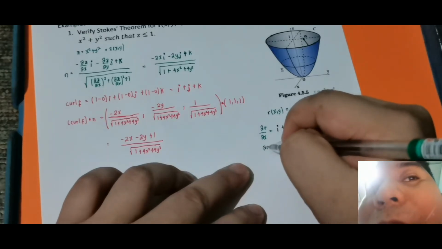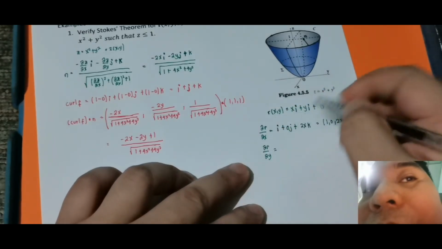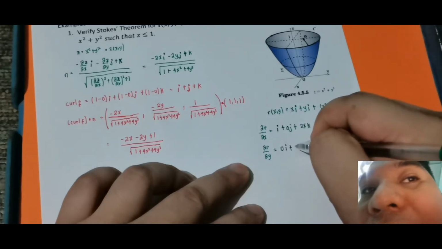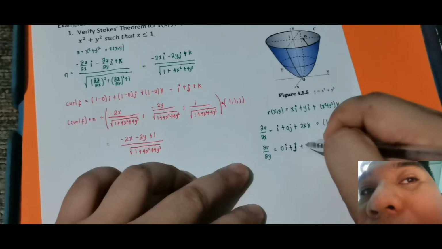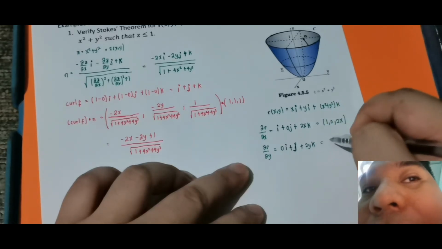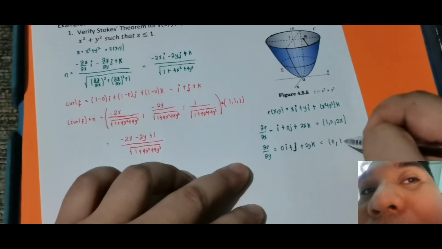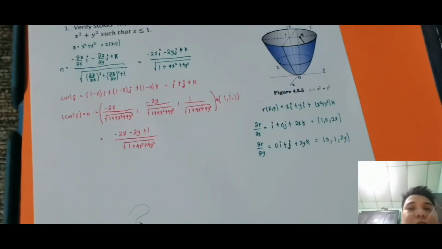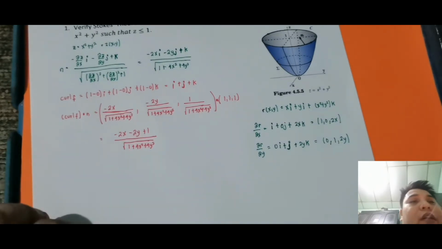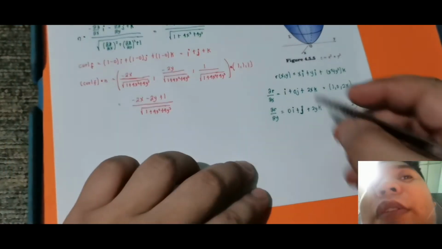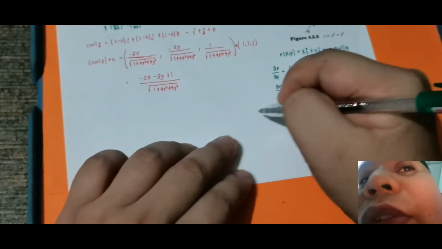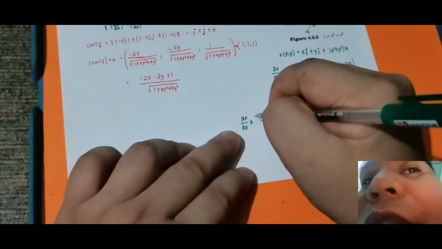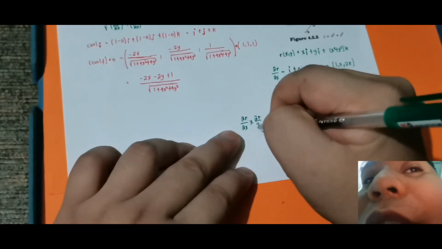Partial derivative of r with respect sa y naman, so this is just 0i plus 1j plus 2y k. So this is simply <0, 1, 2y>. Next na gagawin natin, syempre, kunin natin yung kanyang cross product: partial derivative of r with respect sa x cross partial derivative of r with respect sa y.